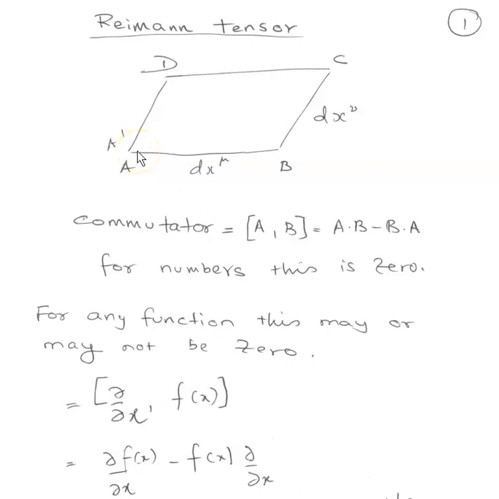On a flat surface, the vector will not change, but on a curved surface, the vector would change. So we are going to call it the A dash vector. The position is the same.